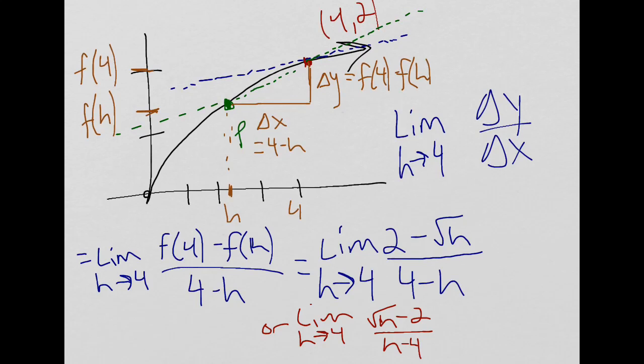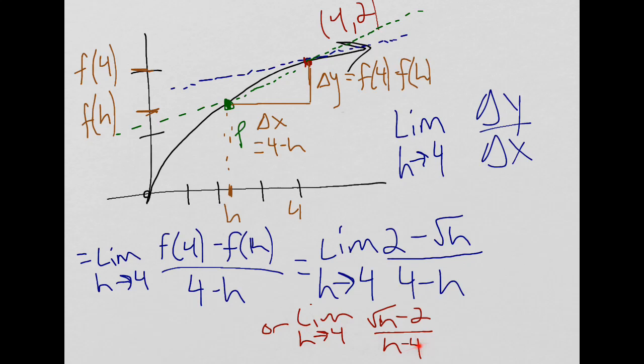Now you may be like, well, you just kind of switched things around. Well, sort of, all I did was pull a negative out of the top of the fraction and the bottom of the fraction and cancel them out. So that's another form, and that looks just like some of the ones that we have used so far in calculus when we did all our study of limits.